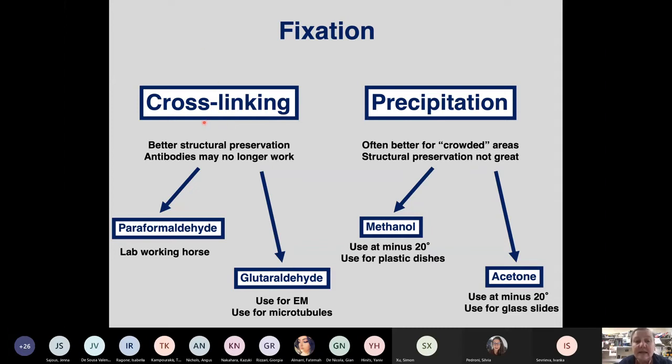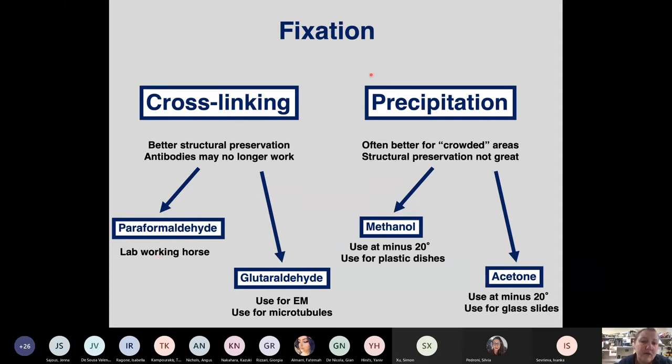Cross-linking means that you have excellent structural preservation, but you may have too much cross-linking, and the epitopes, your antibodies don't recognize the epitopes anymore, especially with glutaraldehyde. You also have to quench the sticky sites, so you have to be quite careful with those. And for the microtubules, you could also use paraformaldehyde in microtubule protecting buffer, by the way.